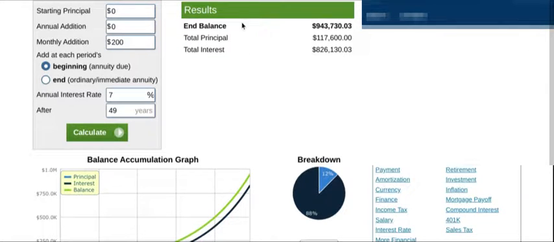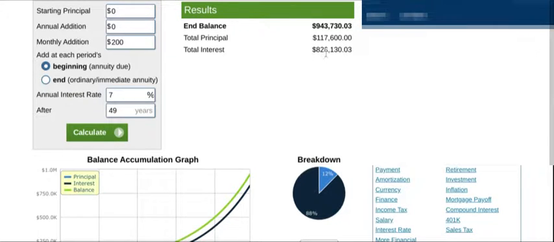It tells you what your end balance is going to be. So our end balance is $943,730.03, which is really, really good, because it says your total principal, that's the total amount that you have put in from the ages of 16 to 65, $200 a month. The total amount that you put in that way is only $118,000.